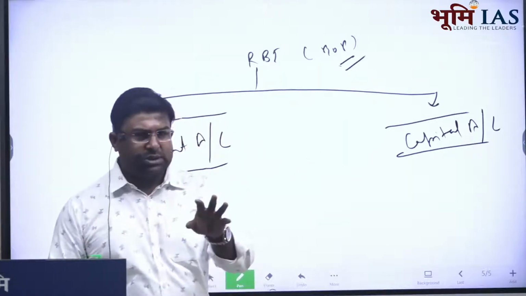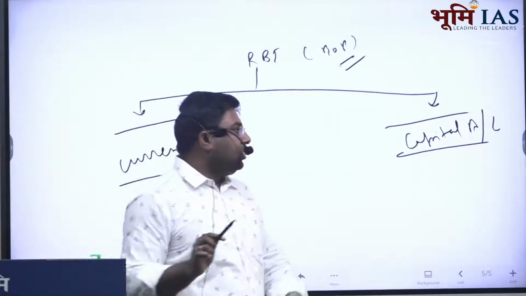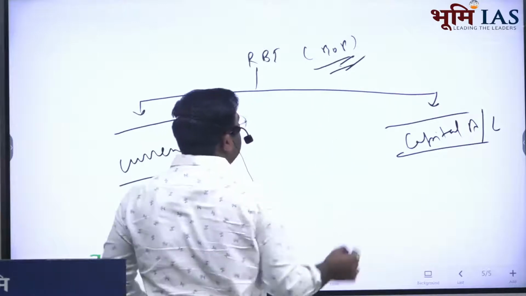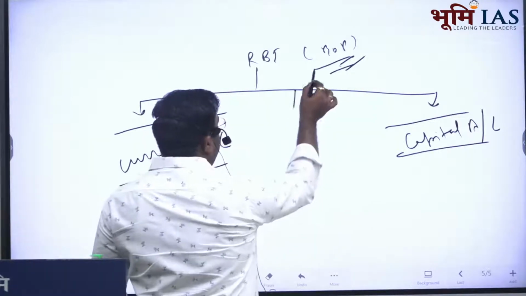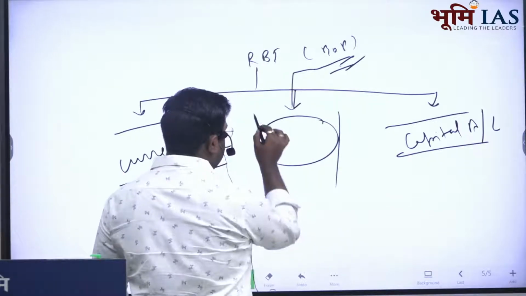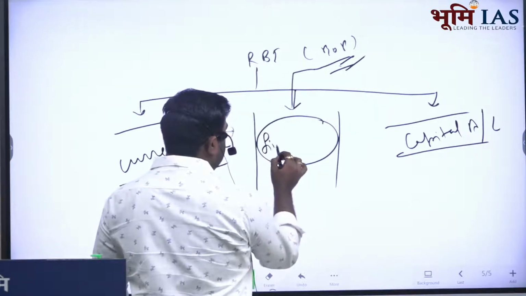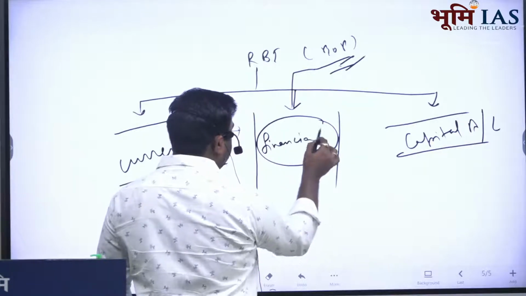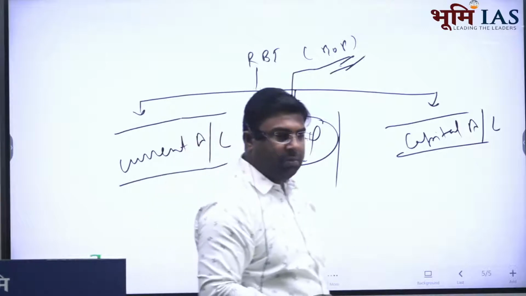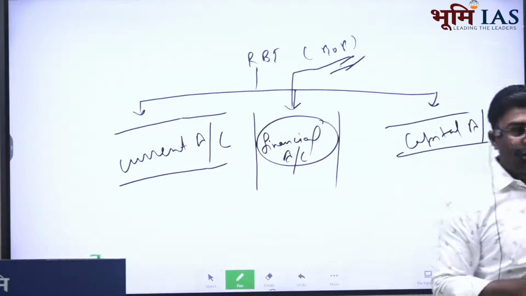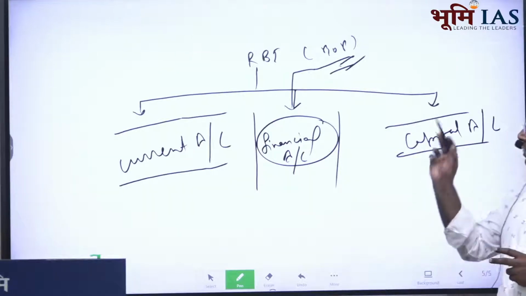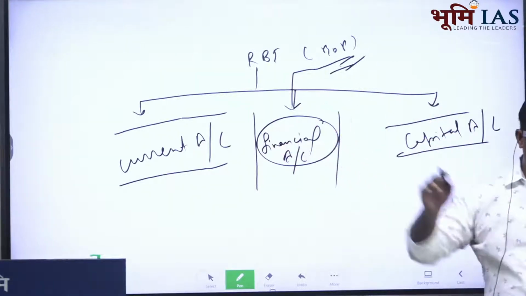In a few books, you will find that this BOP document is categorized into three different categories. One additional would be known as which account? Financial account. But I recently mentioned that RBI adopts how many types of categorization? Two. One is capital and the second one is current.